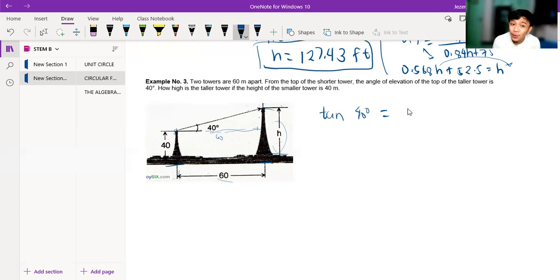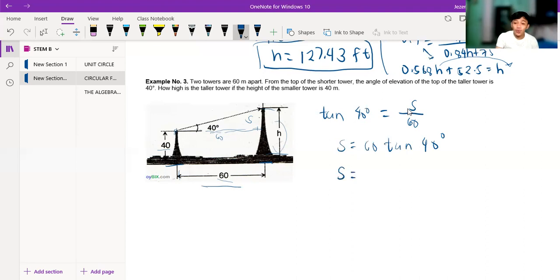Di ba makikita nyo? 40. Ibig sabihin, 40 plus, let's say, S ito. So, S muna. So, tangent 40 is equal to S over 60. Ito yung adjacent. And then, S is equal to 60 tangent 40 degrees.